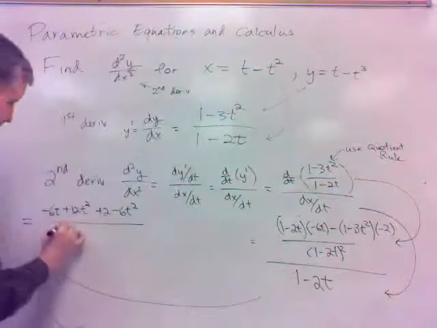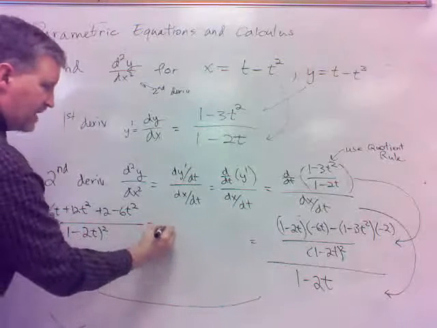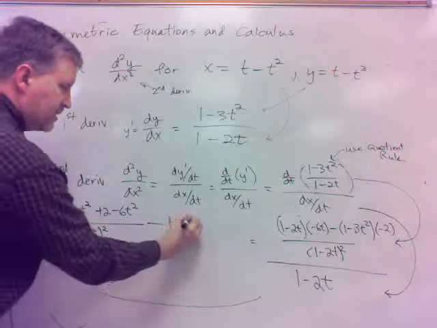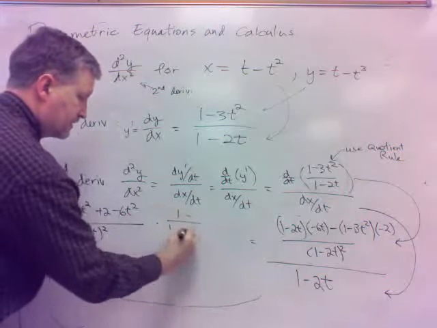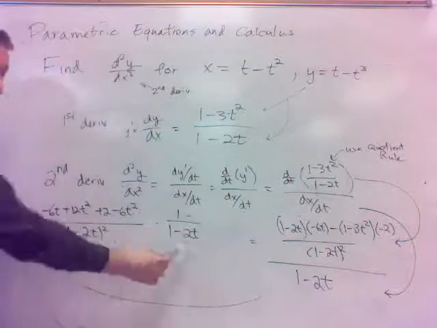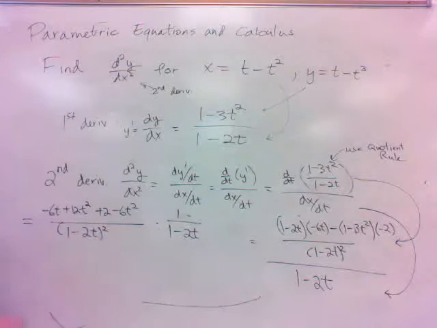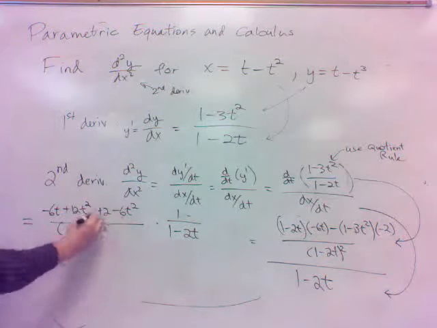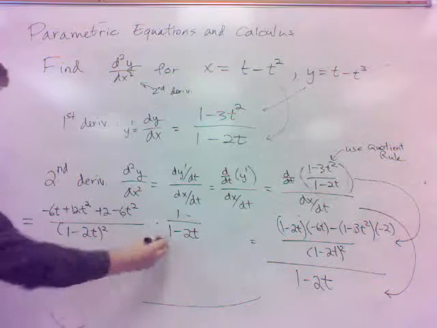Well, I won't cancel, because it's divided by 1 minus 2t, which means times what? 1 over 1 minus 2t, right? So I can rewrite this as 1. Those are going to combine, aren't they, to be a cubed? What have I got? 6t squared minus 6t plus 2 over 1 minus 2t cubed.